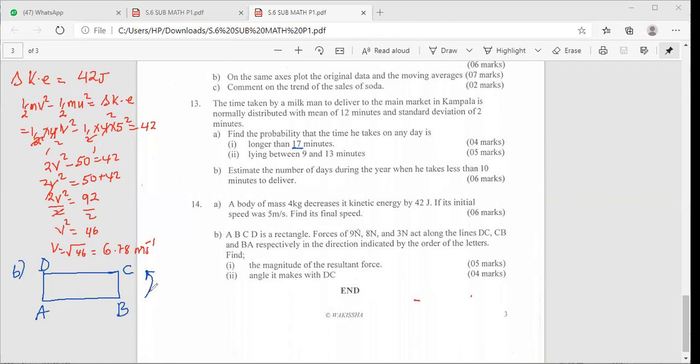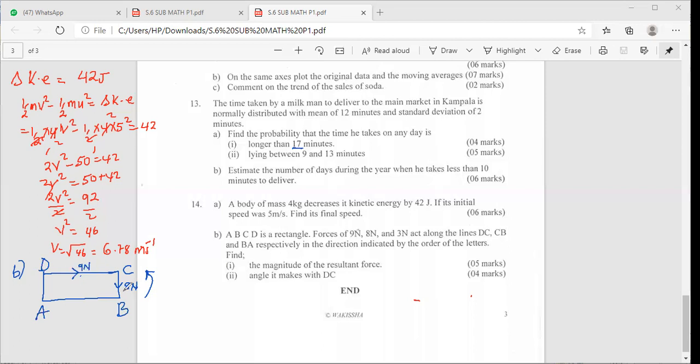Forces 9, 8, 3 act along DC. For DC, the arrow you draw from D to C is 9 newtons. Then CB, 8 newtons.